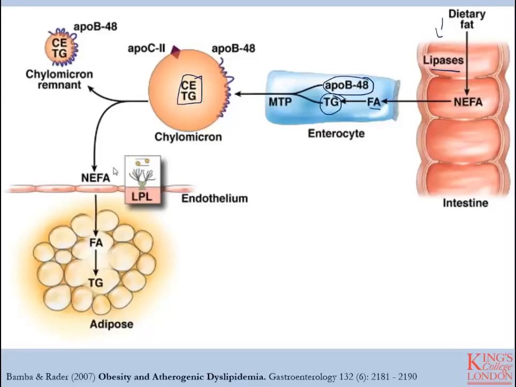There, lipoprotein lipase will break down these fats again, allowing the free fatty acids to be taken up by the adipocytes and stored as triglyceride within these cells. The chylomicron remnant then travels to the liver, where it's removed from circulation.